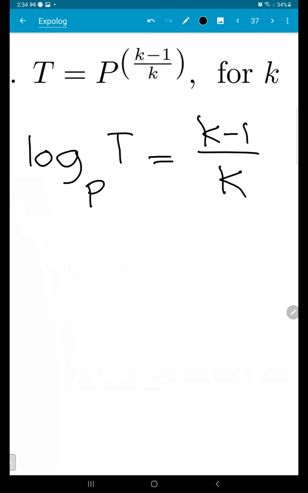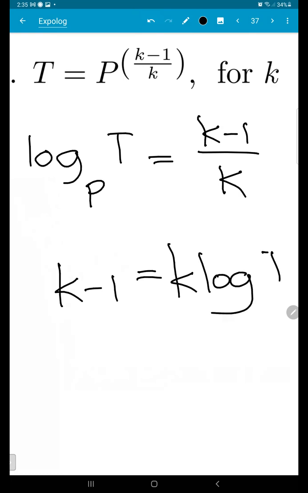Okay, and it remains to solve for K. You cross multiply. Then collect all those with K on one side of the equation, those without K on the other side. So the K here, I move it here, and this one.